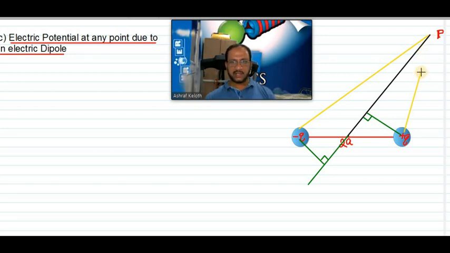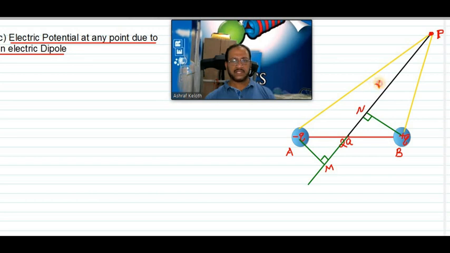This is a little lengthy derivation, and this is the point P, and we will take these points. The minus q is placed at a point A. The plus q is placed at a point B, and the normal drawn from this to the line through the point P is taken as N, and this normal is taken as M. The distance of the point P from the center of the dipole, from the center till this point, that is r.